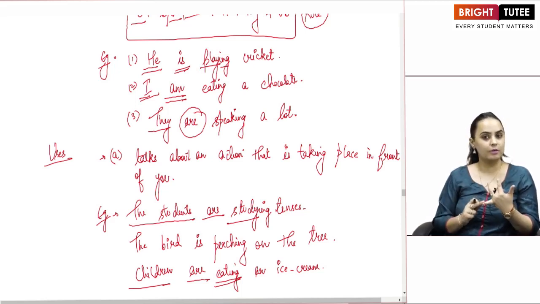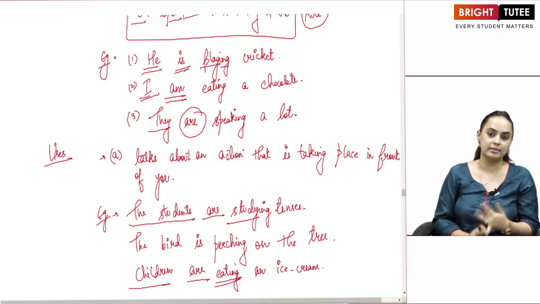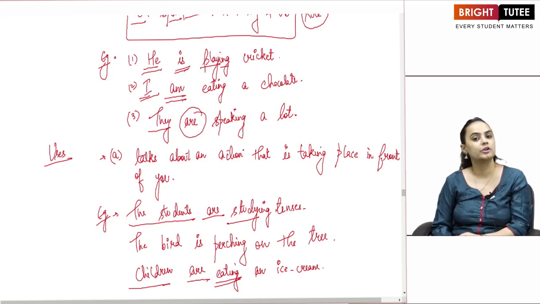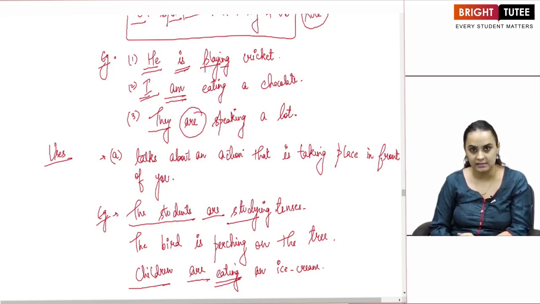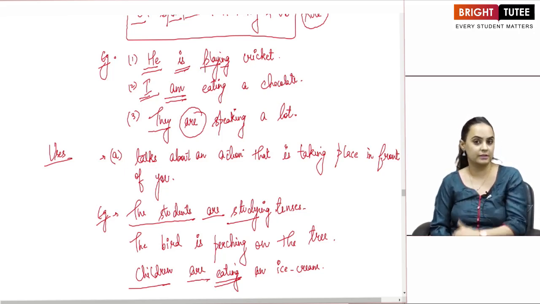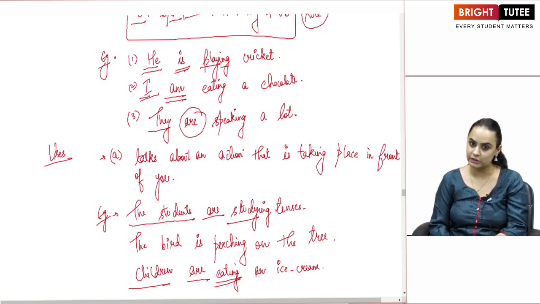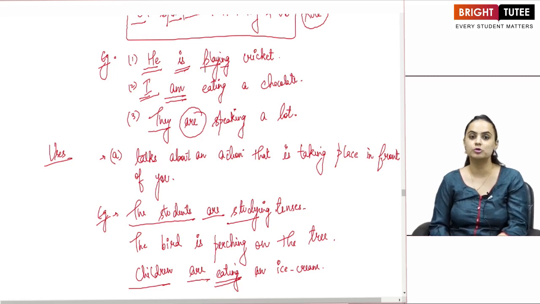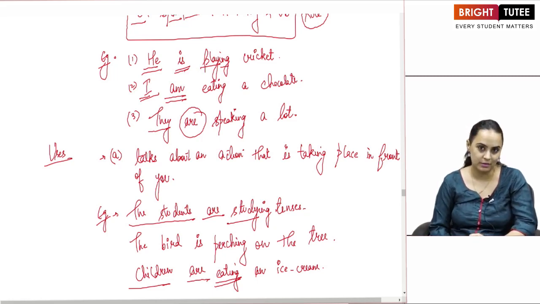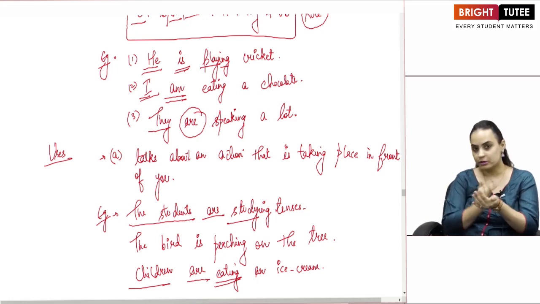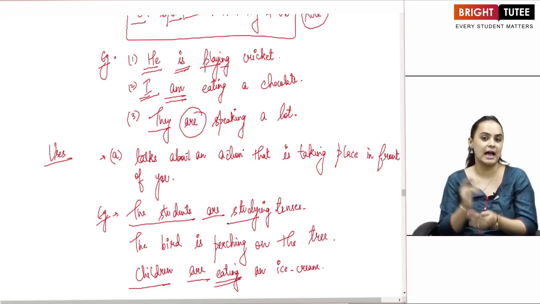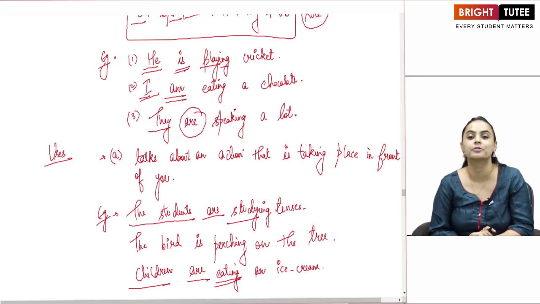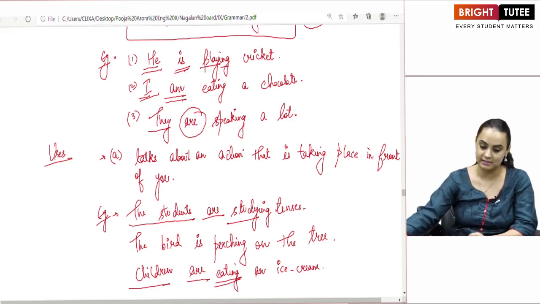Then the first form of the verb, ing and the object. With I as the subject, we always use am as the helping verb followed by the first form of the verb and ing. And if my subject is plural, then I am going to use are as the helping verb followed by the first form of the verb, ing and the object. So this is the rule of the present continuous tense.